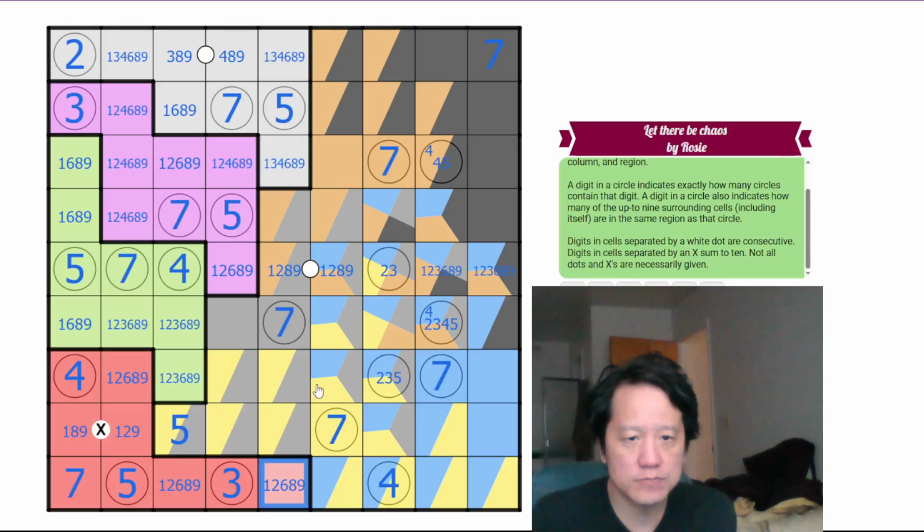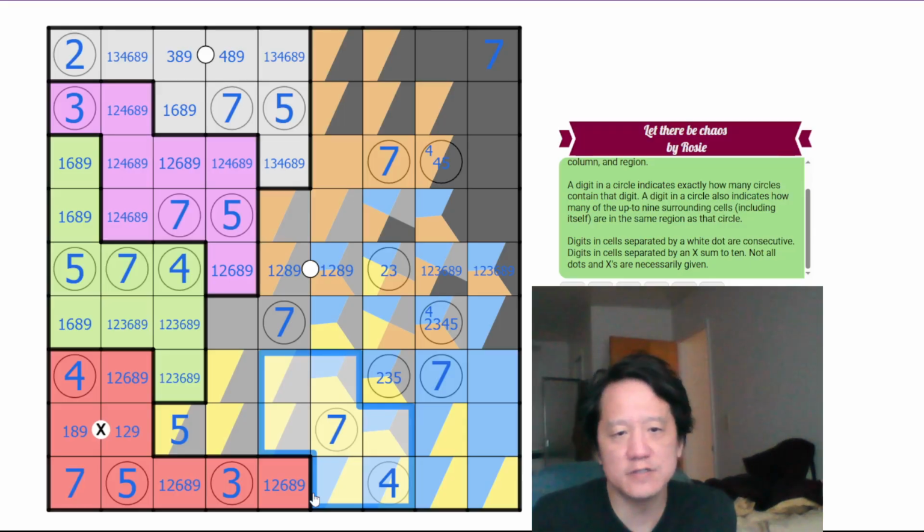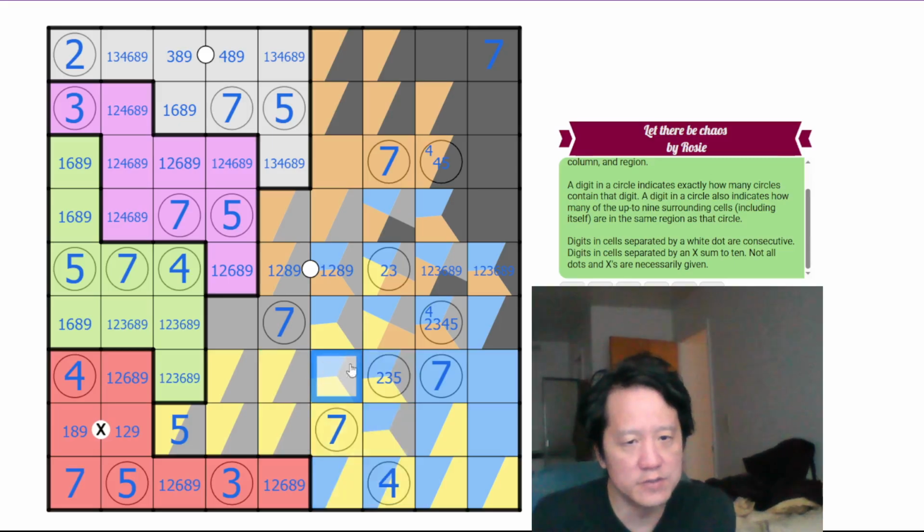Therefore, yellow has to have exactly 7 of these. So only one of these can be non-yellow. Same with this. This has to have 7 exactly surrounding these. So only one of these can be non-medium. So since only one of these could be non-yellow and one of these can be non-medium, this must form a yellow-medium pair here. And therefore, all of this is yellow.